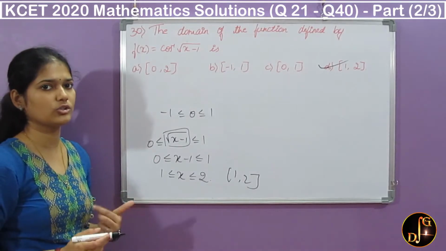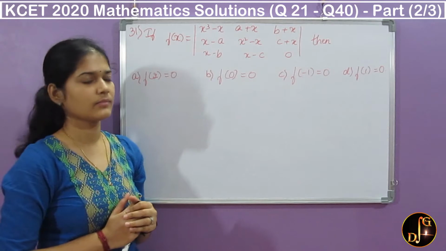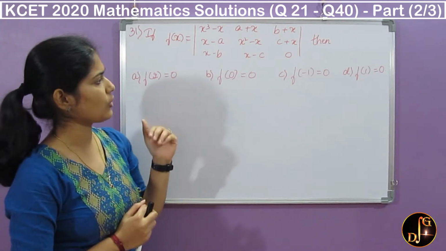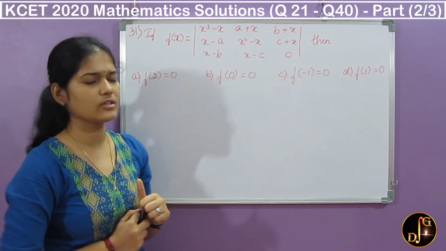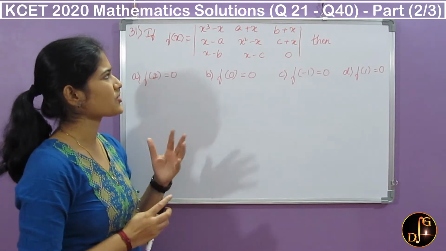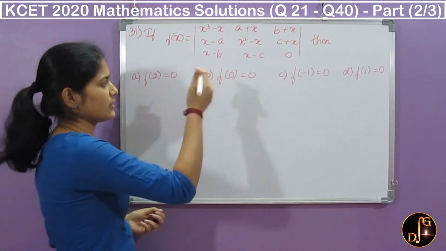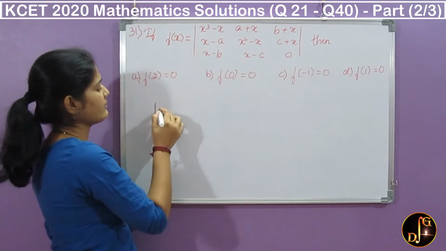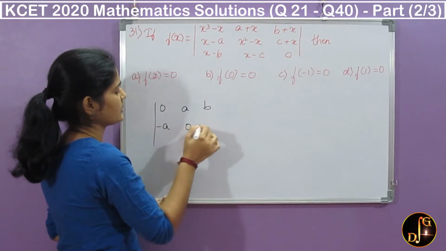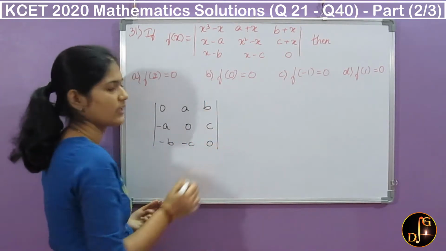Now let's move on to the next problem. In this problem, we have to find the determinant of this. And the options are f of 2 is equal to 0, f of 0 is equal to 0, f of minus 1 is equal to 0, f of 1 is equal to 0. How to solve this? By inspection, let's try substituting 0. Let's see what we will get if we substitute 0. Then it will be [0, A, B; -A, 0, C; -B, -C, 0], right?